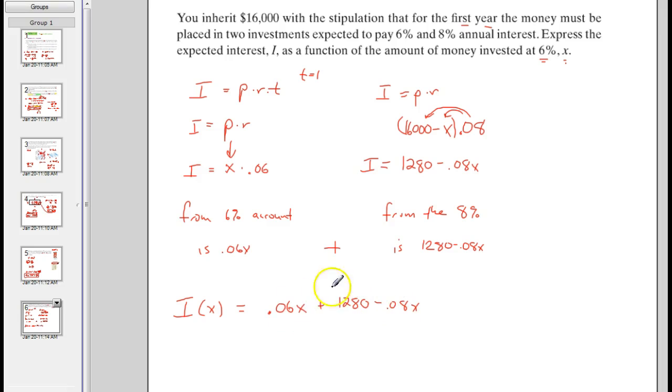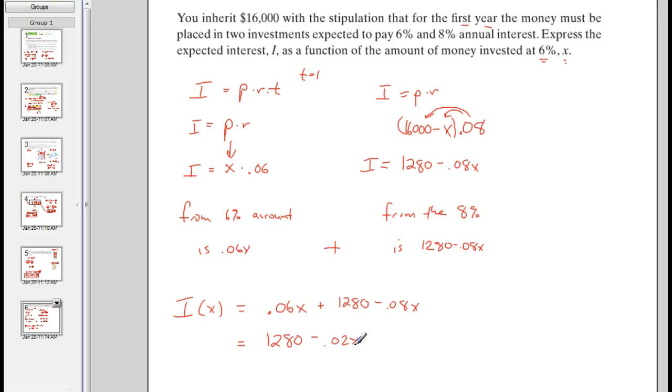Alright, because this and this are like terms, I can simplify it. So 1280 minus, if I add them together, 0.02X.